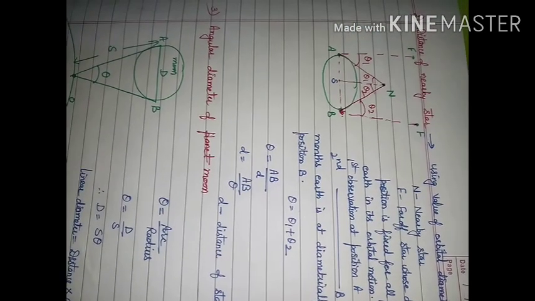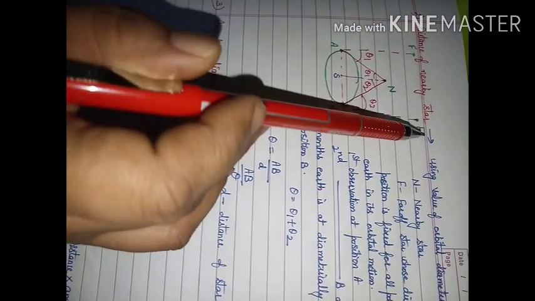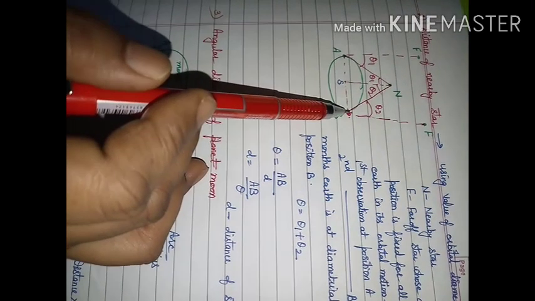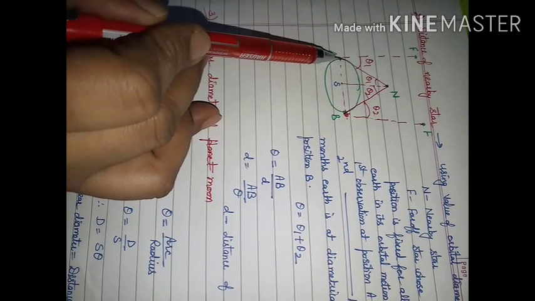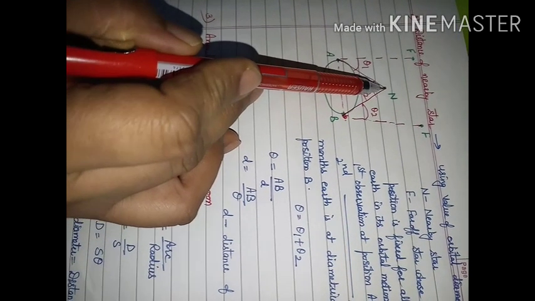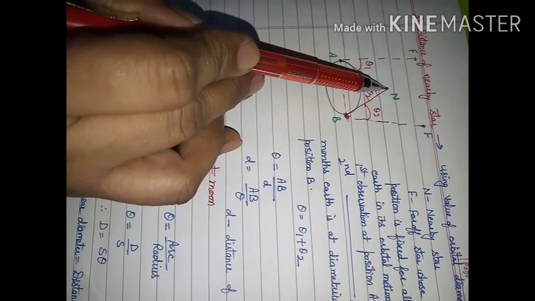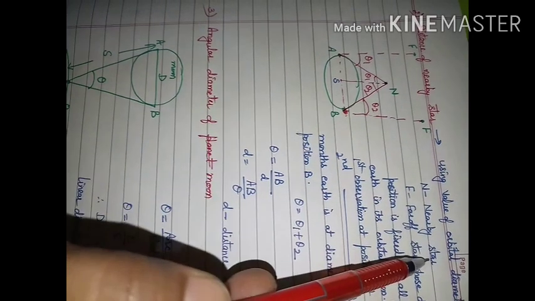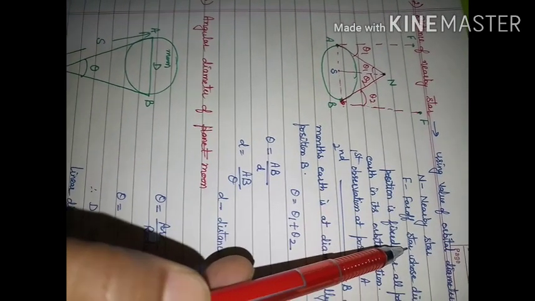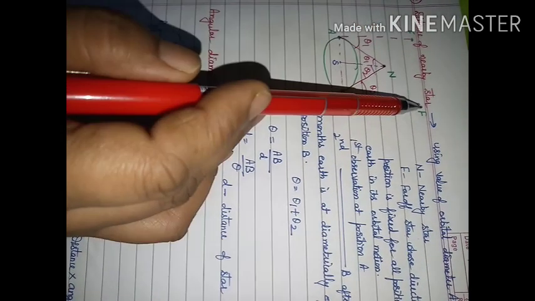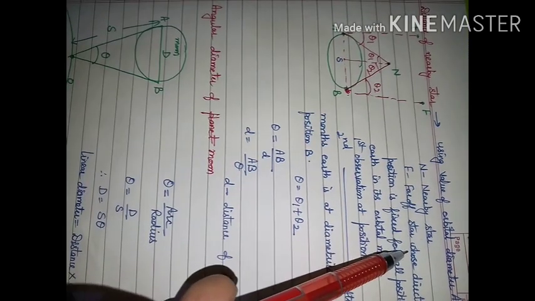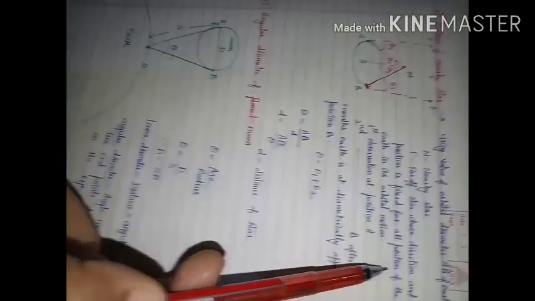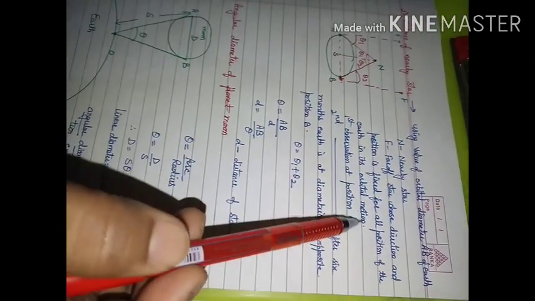Now next is to find out the distance of a nearby star. This is Earth. Our position is here. This is the nearby star whose distance we want to find out. So again, we will consider n as the position of the nearby star. The far off star we have represented by F. Far off star means its direction and position is fixed for all positions of Earth in its orbital motion.